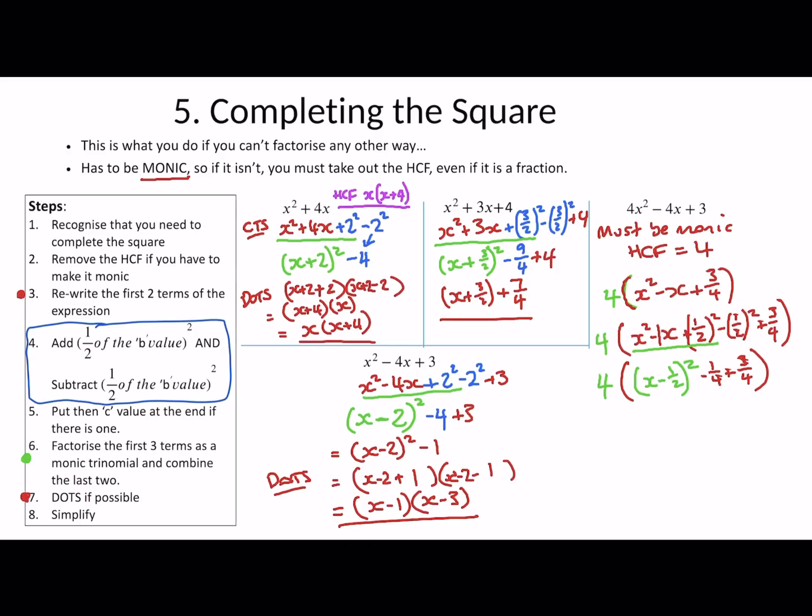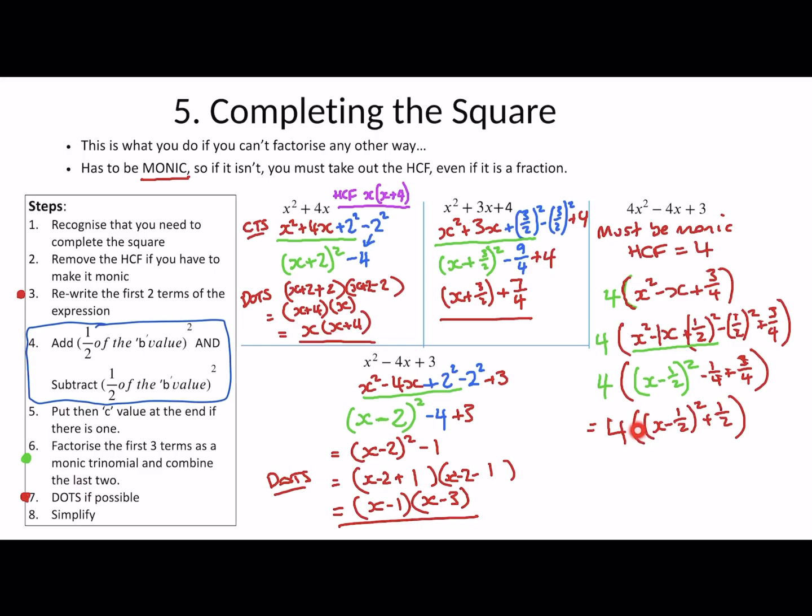Let's simplify that, equals 4 brackets, now second brackets, x minus 1/2 squared, now minus 1/4 plus 3/4 is plus 1/2.